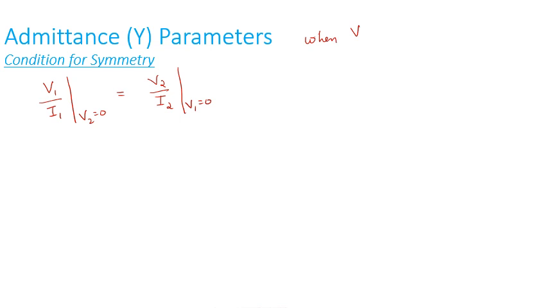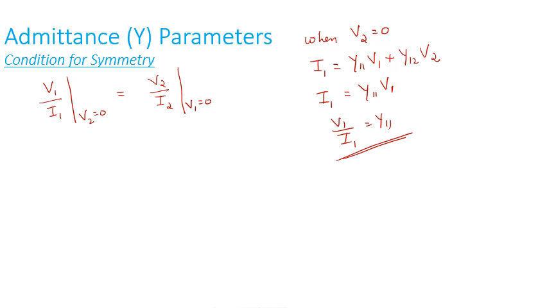When V2 is 0, we know the parameter equation I1 is equal to Y11 into V1 plus Y12 into V2. When V2 is 0, this will be I1 equal to Y11 into V1. So, V1 by I1 is Y11, only when V2 is 0.